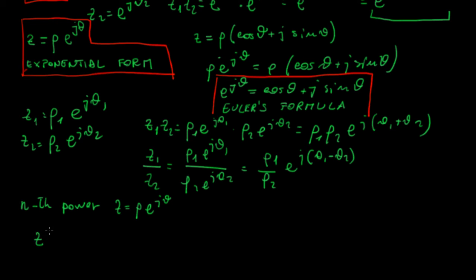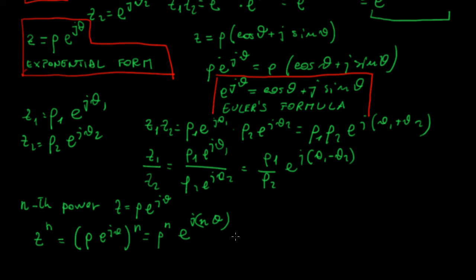Well, the nth power z raised to n means rho e to j theta to the n. But using the usual rules for the powers, I get rho to the n times e to j n theta. So if I want to find the nth power of a complex number, what I need to do is raise to the n the modulus and multiply by n the argument.